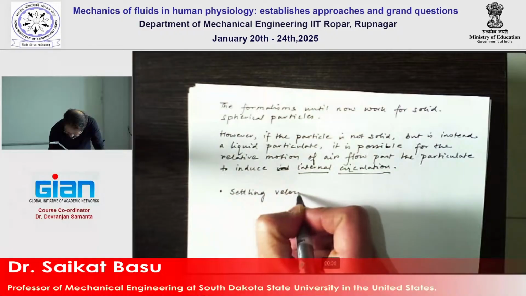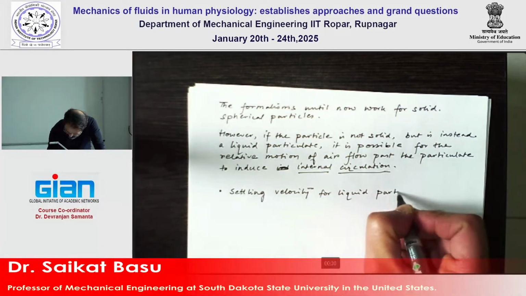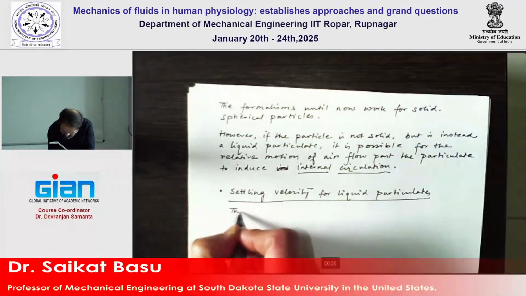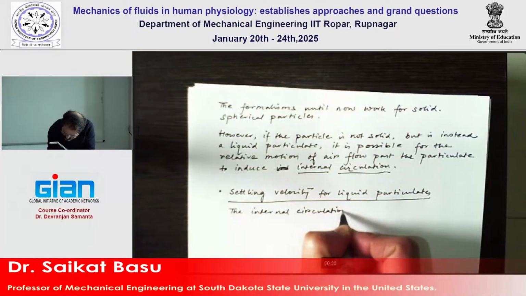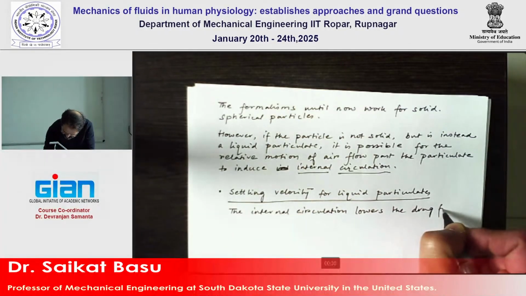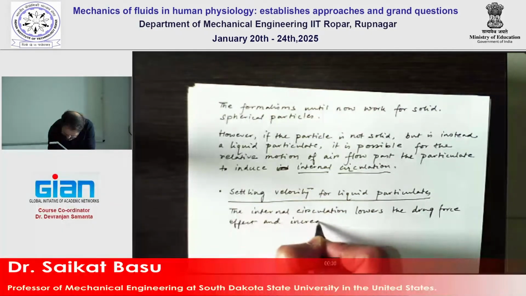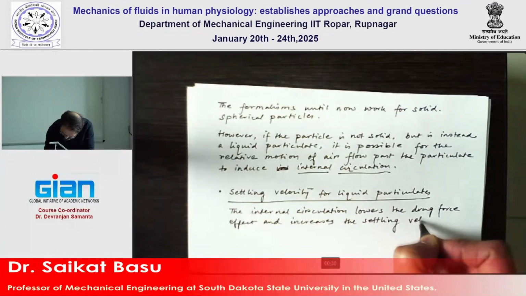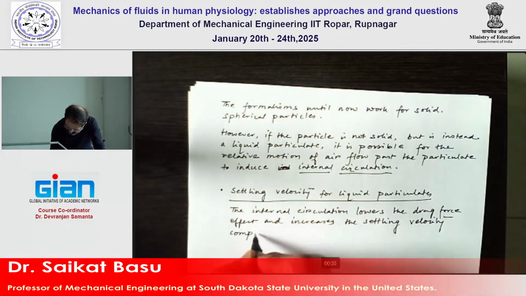So settling velocity for liquid particulates: the internal circulation lowers the drag force effect and increases the settling velocity compared to that of the solid spherical particle that we have studied until now.